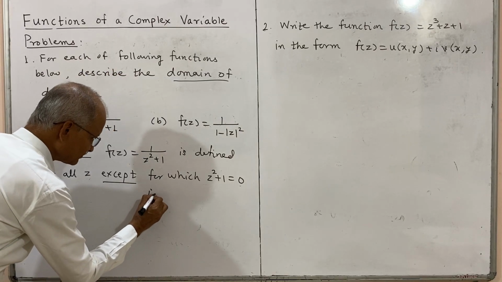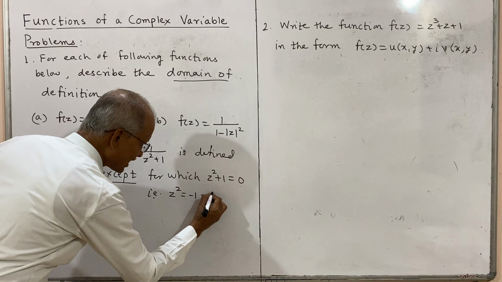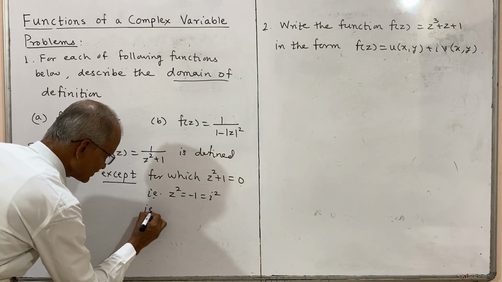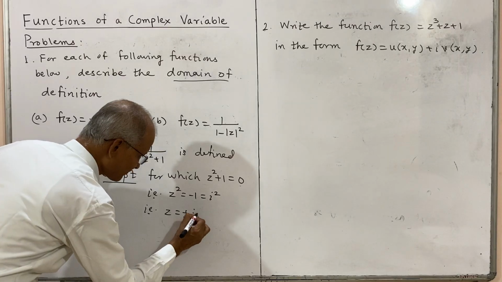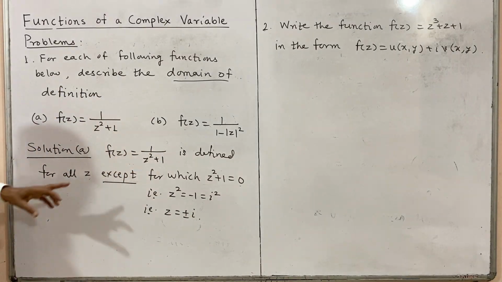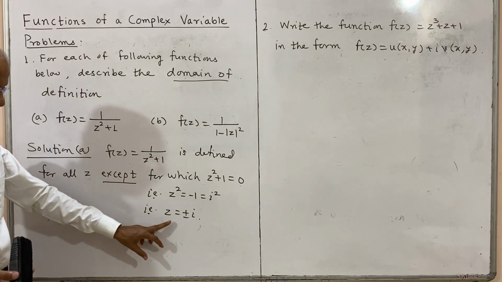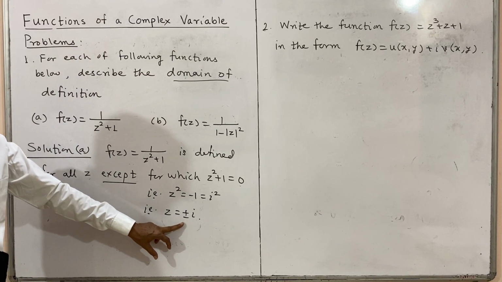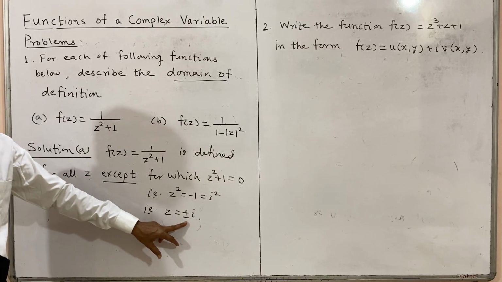That is, z² = -1, which is i², and that is z = ±i. That means the function is defined for all values of z except z = ±i, and thus for the domain of definition, z must not be equal to ±i.